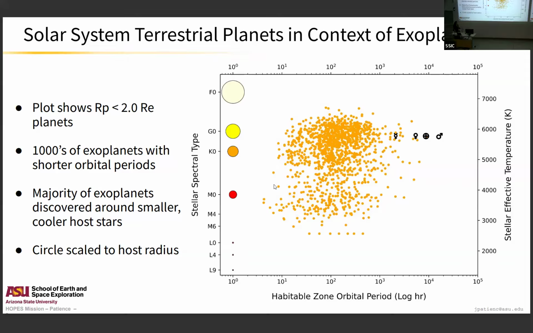And then what you see is that of all the planets, there are thousands of planets here, and the overwhelming majority are around the stars that are lower effective temperature than our own sun. A lot of that has to do with observational reasons that make those easier to detect. And we'll build upon that as a possible future science case.